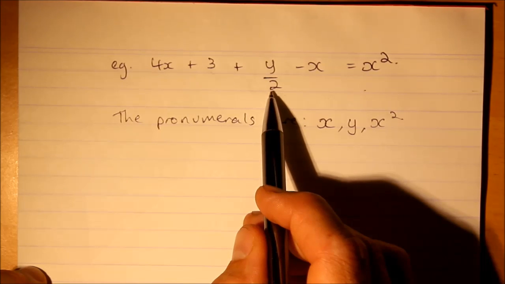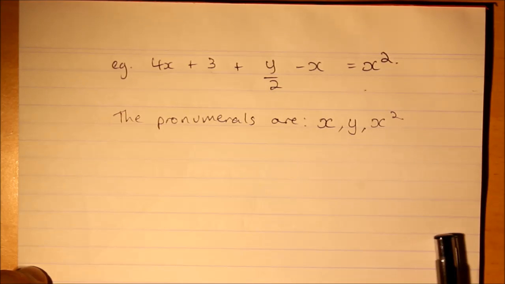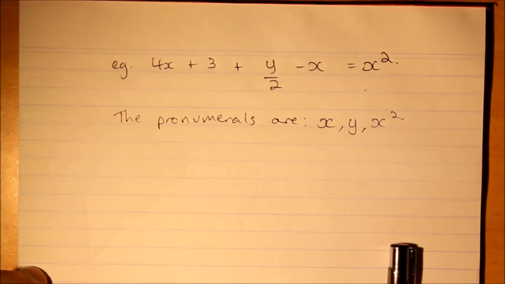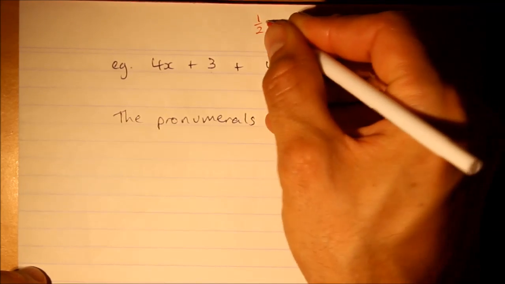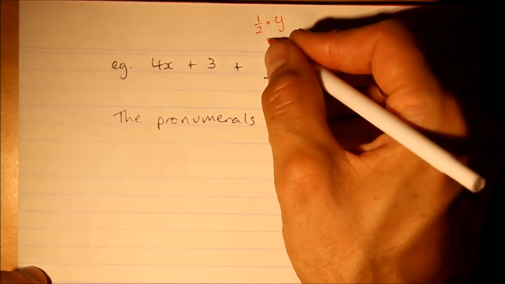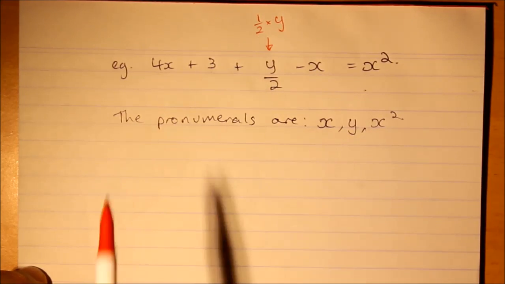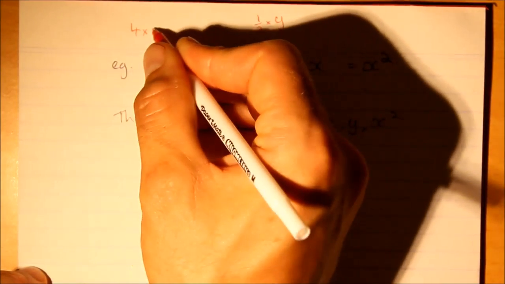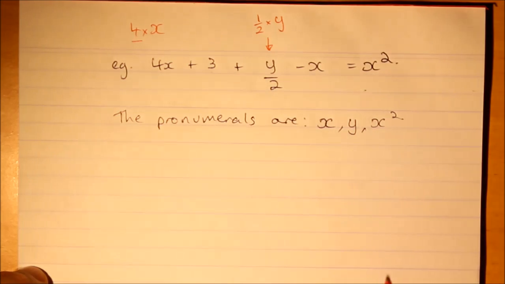Well, because it's a fraction, we can say that y is the same as saying a half times y here. Okay, so the coefficient is a half. We'll say that this is 4 times x, so the coefficient is 4.